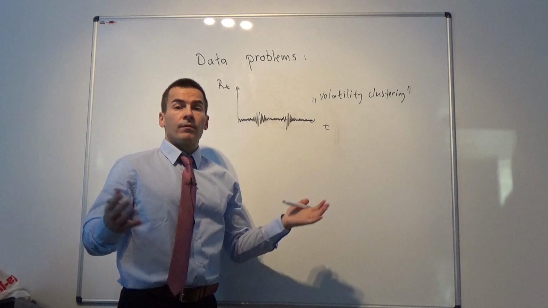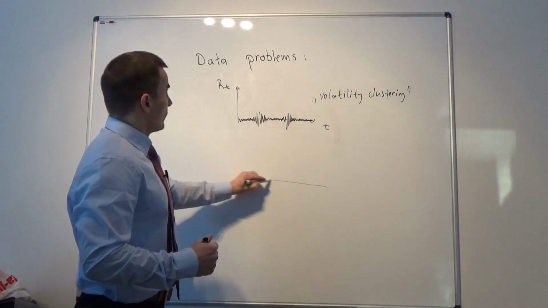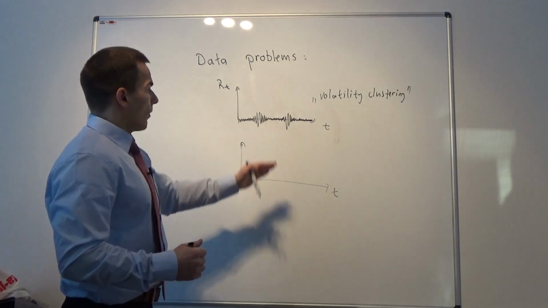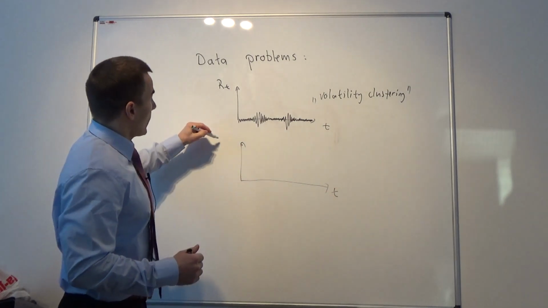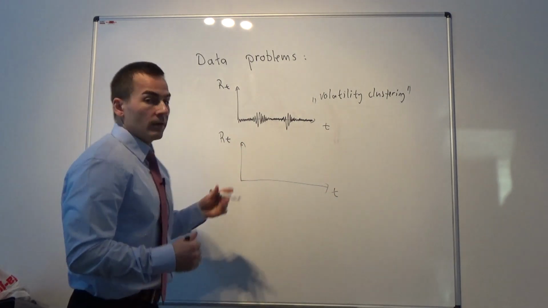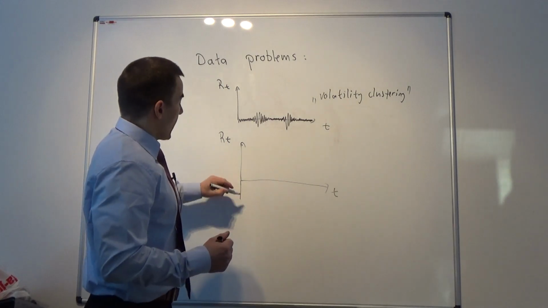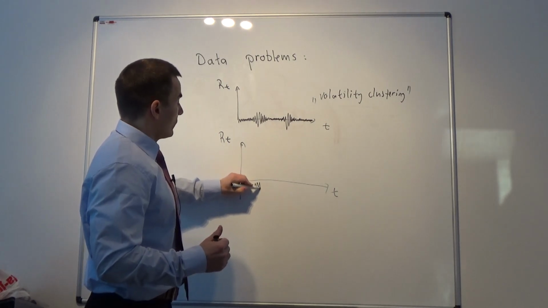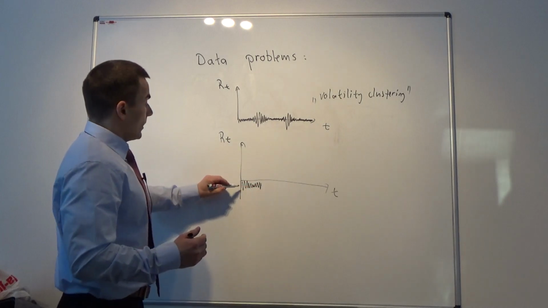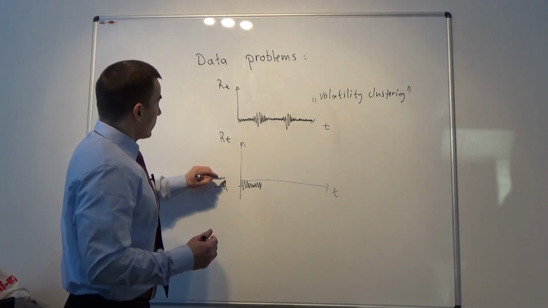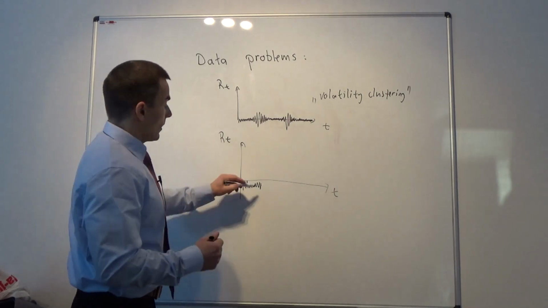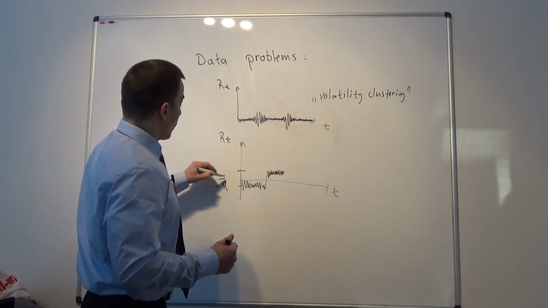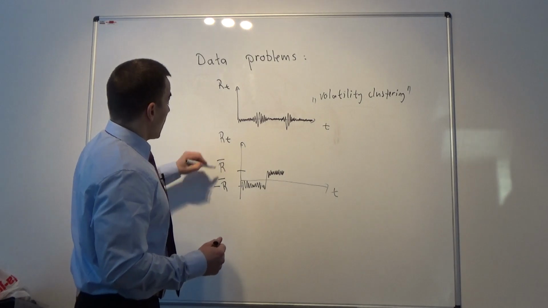Another thing that we observe in financial markets: let's again take a plot in order to visualize it. Again, on the t-axis, we plot the return across time of some asset. What we also sometimes observe is that we have a certain regime, a certain time period where the return distribution has, let's say, a return of minus r bar, and then after some time it switches, and the return distribution goes from minus r bar to plus r bar.